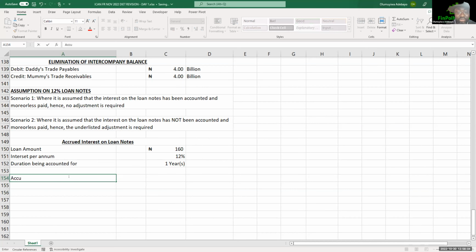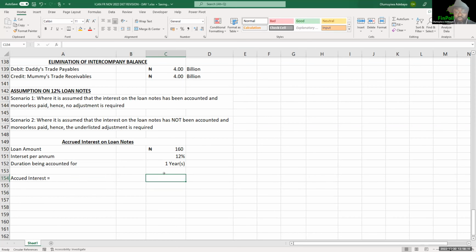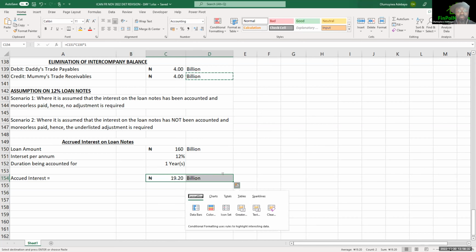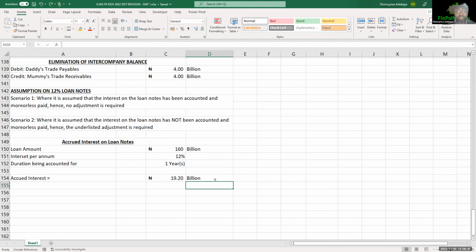Therefore, accrued interest will be 12% of this times 1 year, and that's in billions.